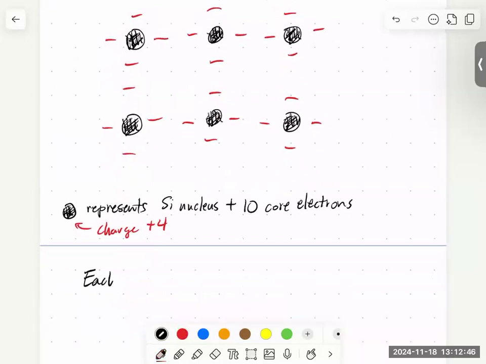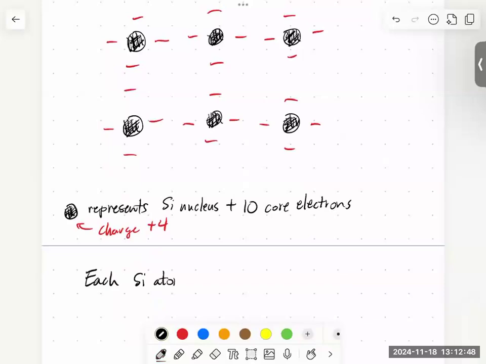So each silicon atom in the solid has 4 nearest neighbors. Now, what we said is that our valence shell was only partially filled. It's partially filled with 4 electrons. It has room for 4 more. And so what happens is that neighboring silicon atoms end up sharing some of their valence electrons.